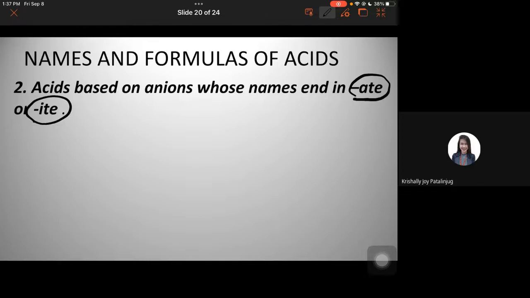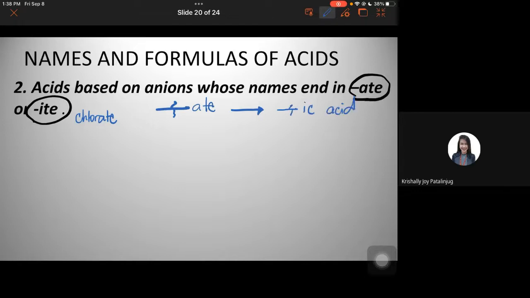Remember that the majority of the ions are named with these suffixes: ate and ite. To derive the name of an acid from an anion ending in ate, for example chlorate, change the ate ending to ic acid.